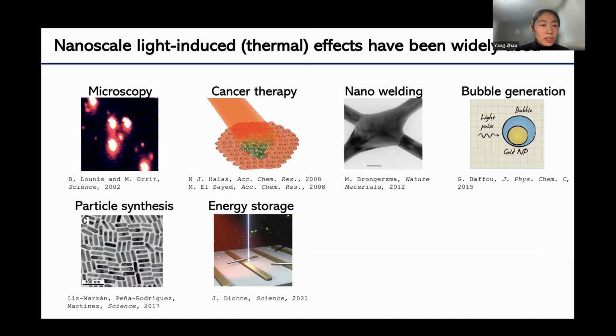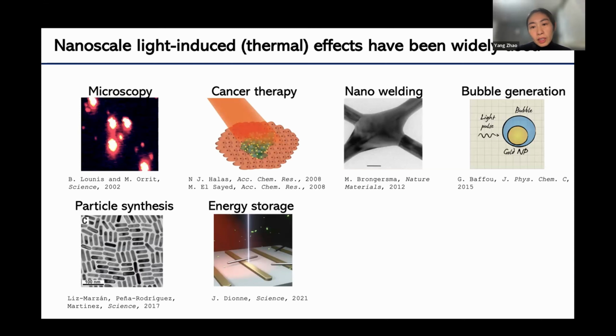Following that, especially combining plasmonics with the photothermal effect, the groups at Rice and Georgia Tech have worked on cancer therapy, basically generating heat and annihilating cancer tumor cells.